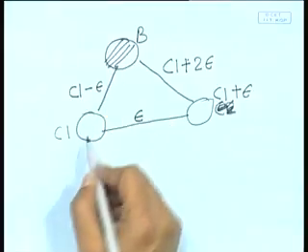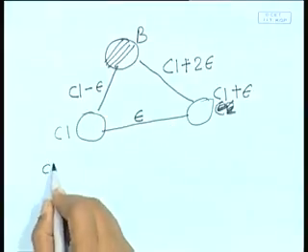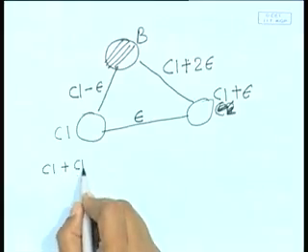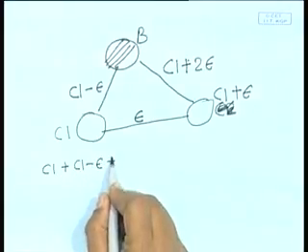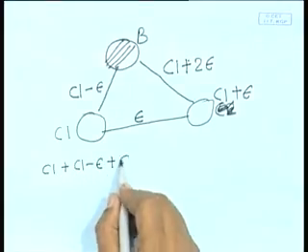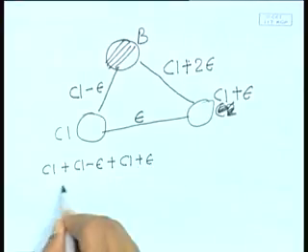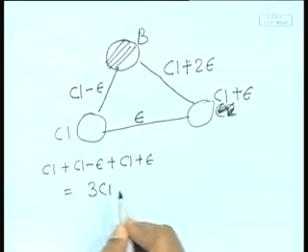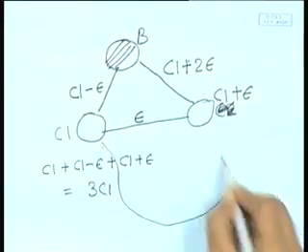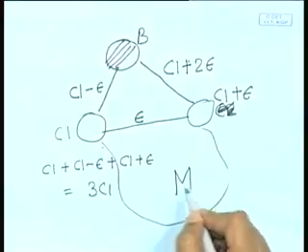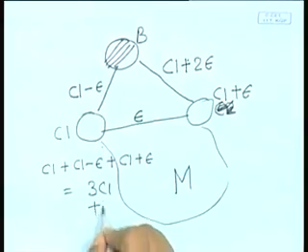The time value that this clock gets is C1 plus C1 minus epsilon plus C1 plus epsilon. So this becomes 3 C1, and we have other clocks of course, which have a constant time value that is transmitted, plus m.